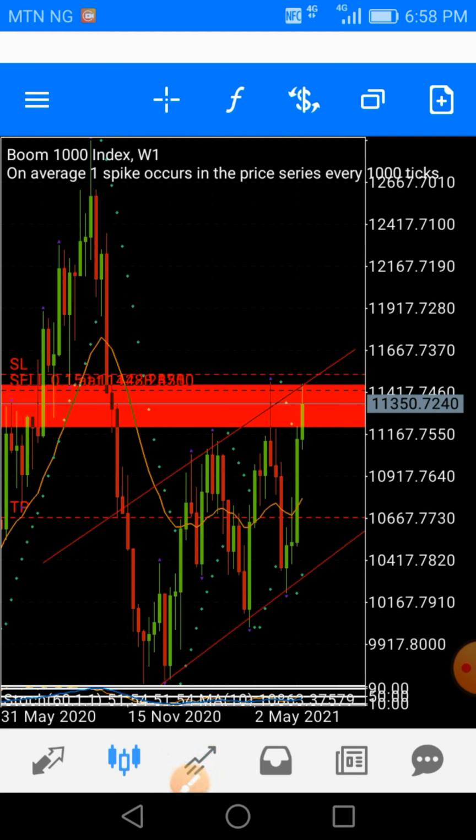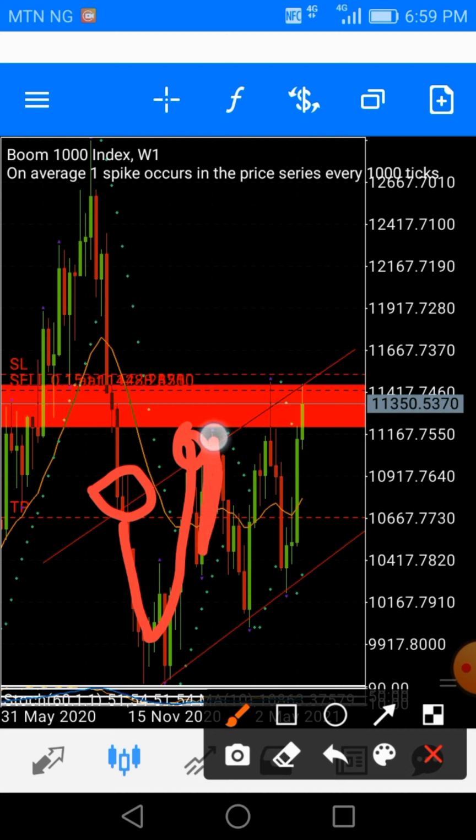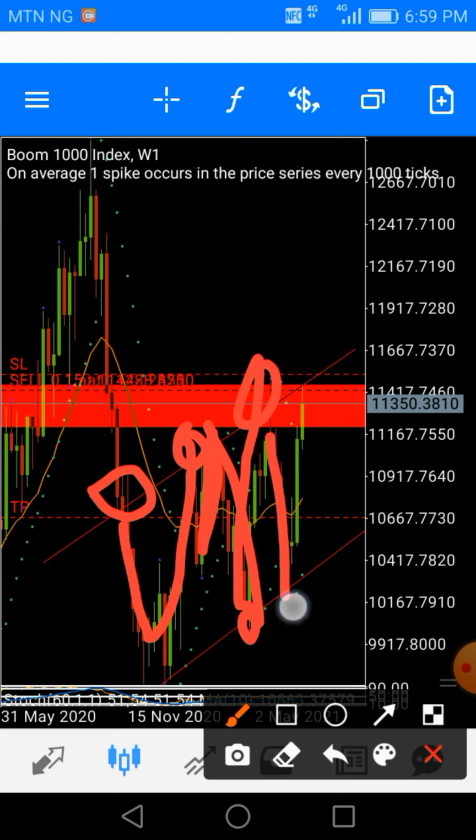If you see, our trend line was actually respected somewhere around here, and the market pushed down and went up, came here, tested the trend line, and then came down, went up again, tested here, came down full time, respected it here, pushed up, and came here, respected it upwards, pushed down, respected it downwards, pushed up, and right now is here.